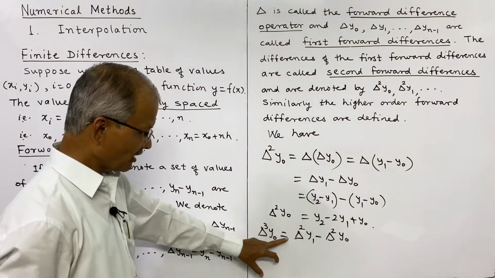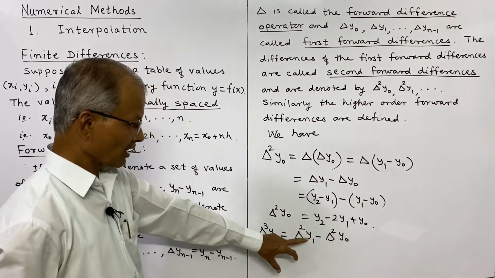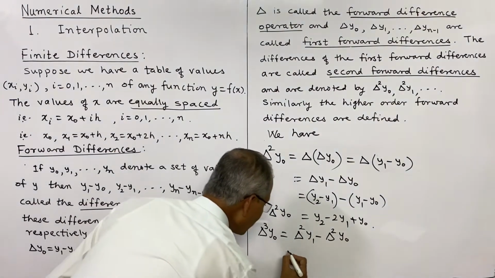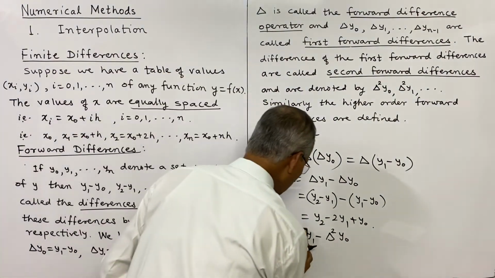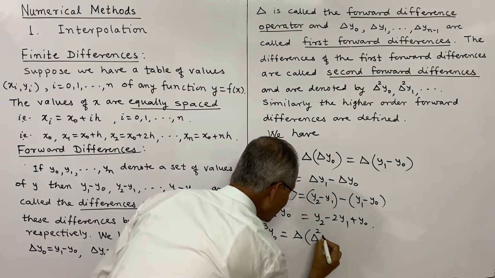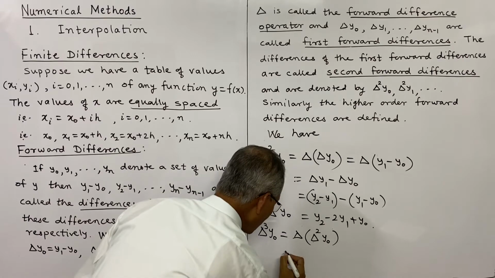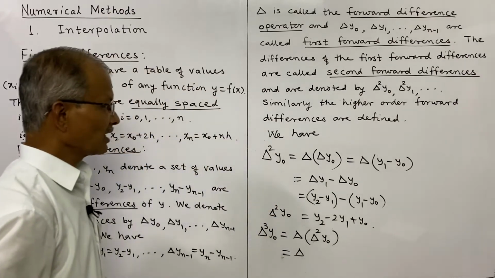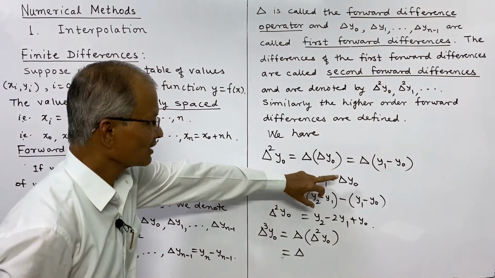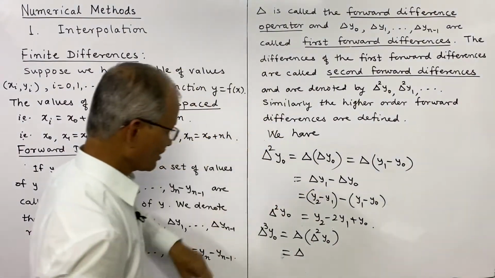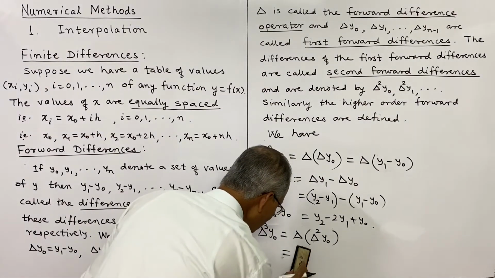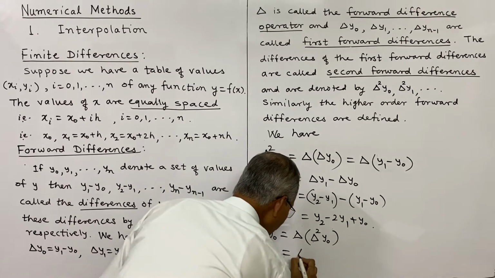First we have to separate Δ of Δ²y0, and Δ²y0 is the value we have obtained. So this is Δ of Δ²y0, which can be written as Δ²y1 minus Δ²y0.